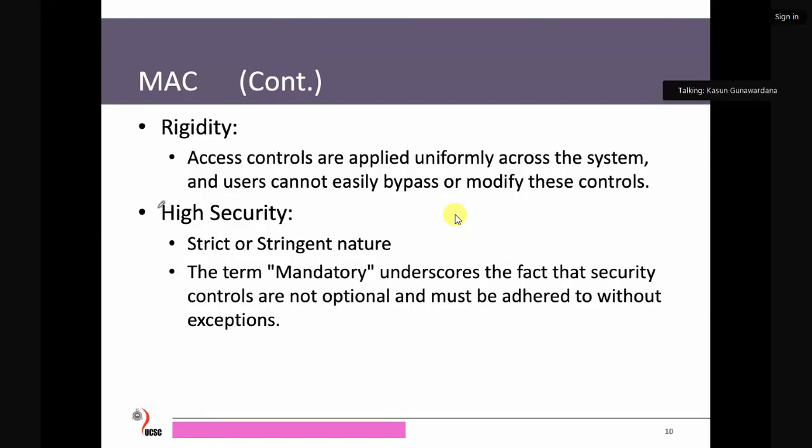High security comes from this strict and stringent nature of the implementation, and the term mandatory underscores the fact that security controls are not optional and must be adhered to without exception. So the idea of mandatory is that it's very rigid. Once the access control is defined, you have no way to evade it. You will be completely under control by those access control rules.